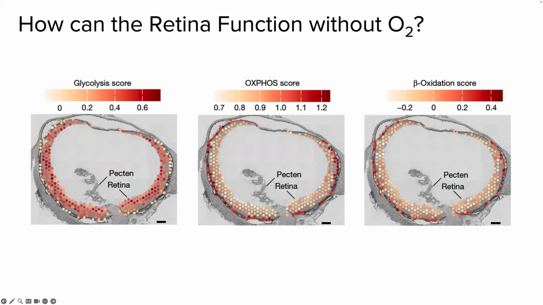So we have done mitotracker experiments, where we injected mitotracker into anesthetized animals and then did microscopy afterwards, and it corresponds very nicely with the values that we get here, with a very thick mitochondrial area within the photoreceptor outer segment, and then loosely distributed mitochondria through the rest of the retina.